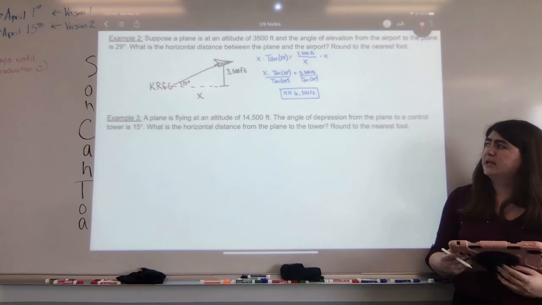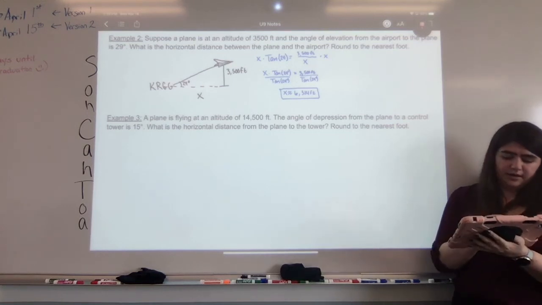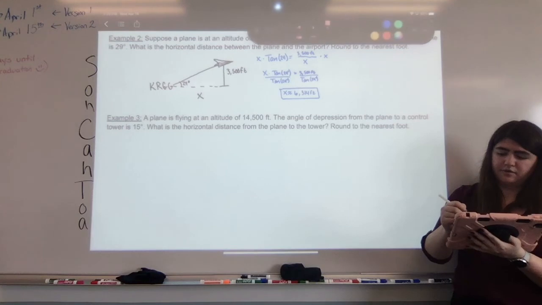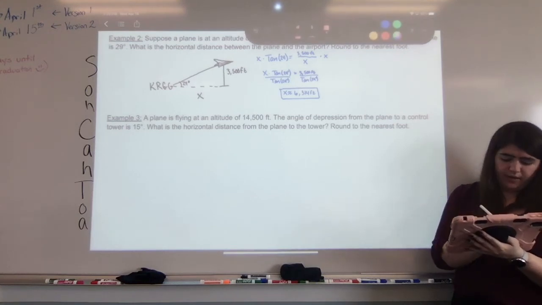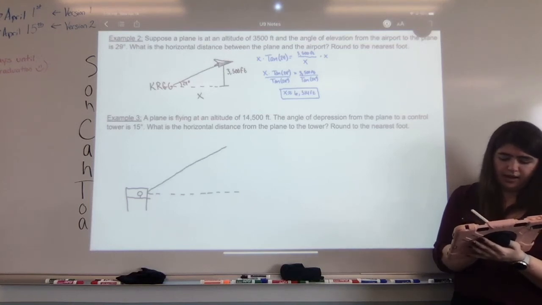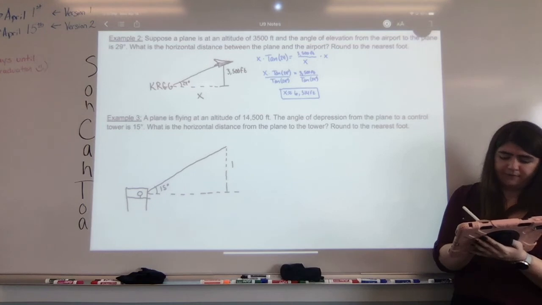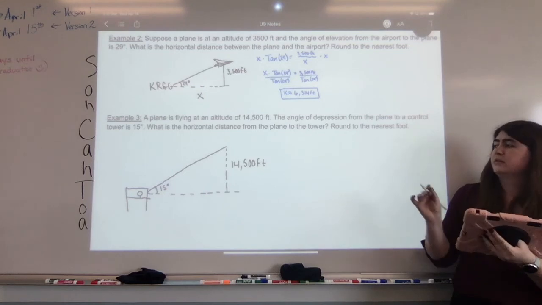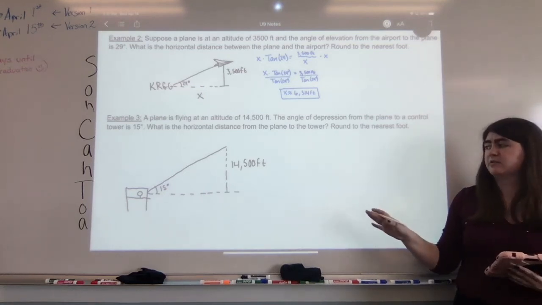All right, so in this case, we are in a tower, and let's draw a picture again. So we have this tower here, and the top part has this person in it, and he is looking upward at an angle of 15 degrees at a plane that is flying at 14,500 feet.